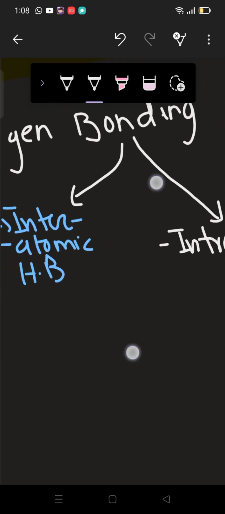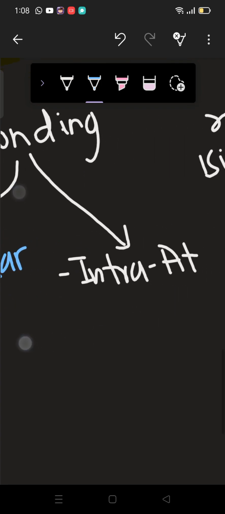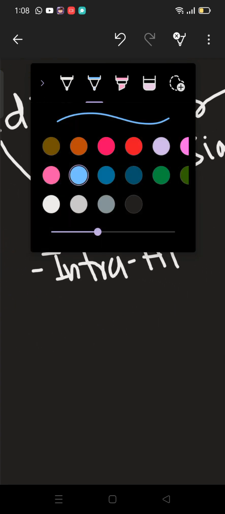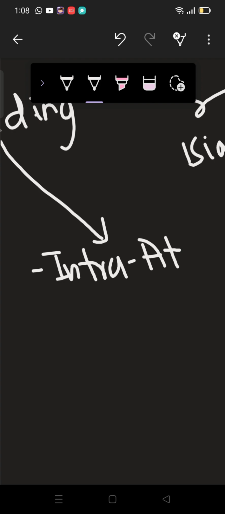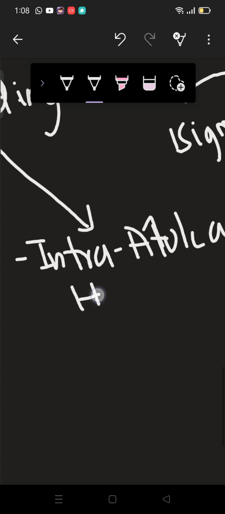We cannot write atomic here since we have molecules here, right? So we should write here intermolecular, and here we should write intramolecular hydrogen bonding.